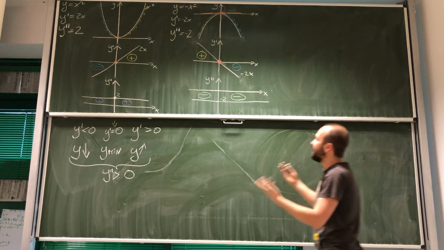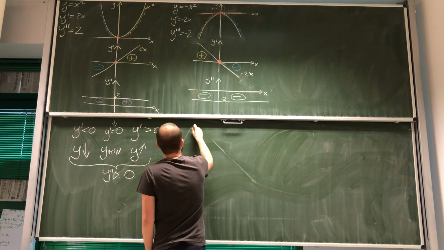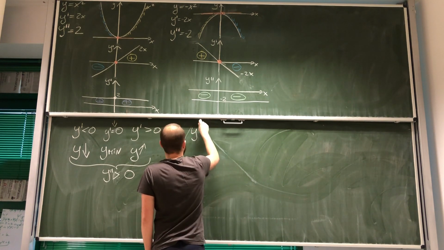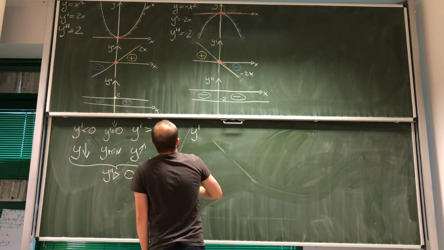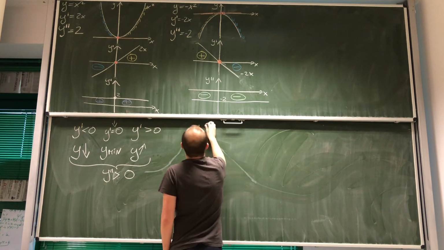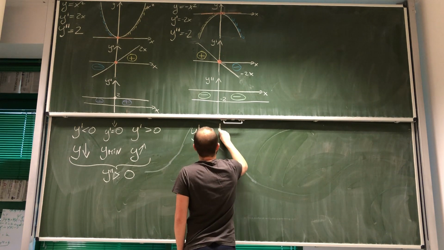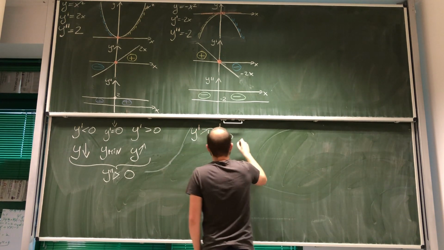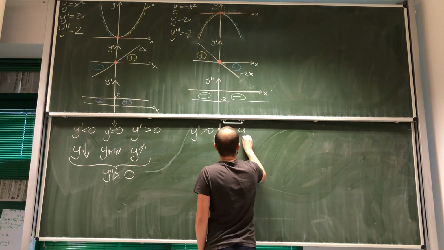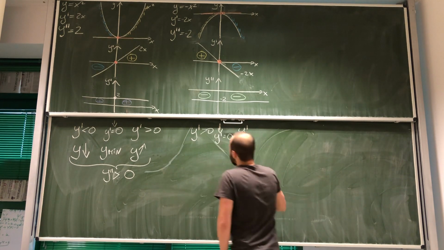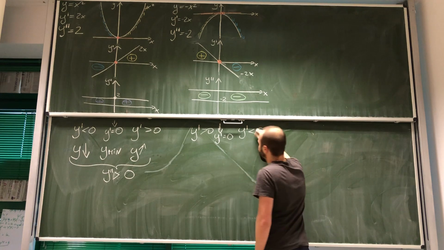Over here, we've got the opposite situation. Here, we've got the first derivative to the left of 0 that is positive, the function is upward sloping. Then, in the middle, we've got the first derivative equal to 0, and then right after, the first derivative is negative.